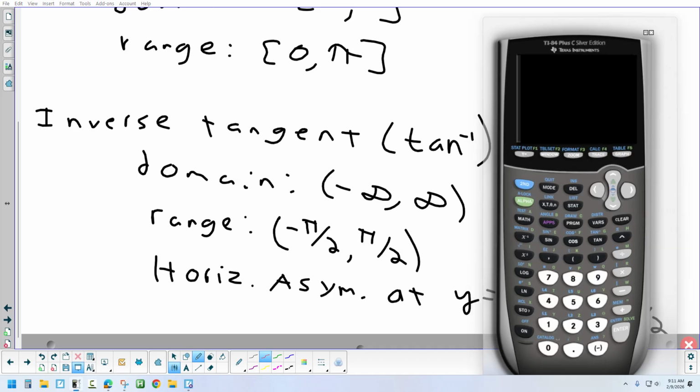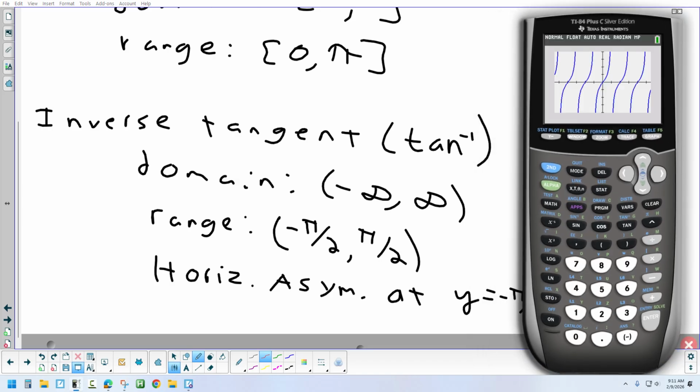Okay, so let's graph it. So let's do inverse tangent. For our window, domain, well, you can pretty much do whatever you want because the domain is going to go left and right forever. But for the range, I would do -2 to 2. Okay, it just gives us a little bit extra so we can see it. And remember how the tangent curve looked before? It was mostly vertical.